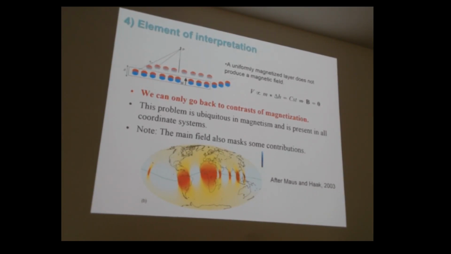So this is actually a problem, because even if you think very nicely, if you go back from the magnetic field to the structure of the crust, you only have information where something is missing.